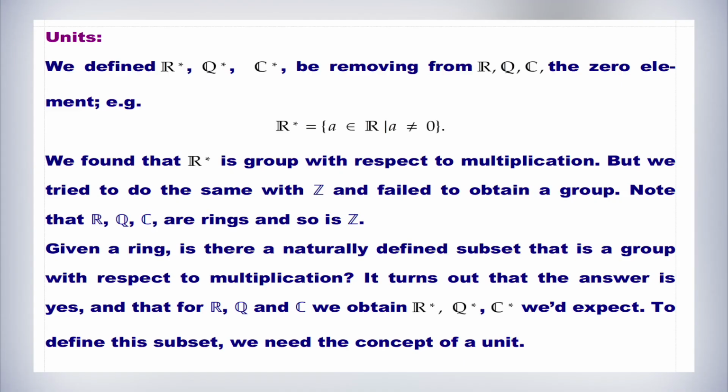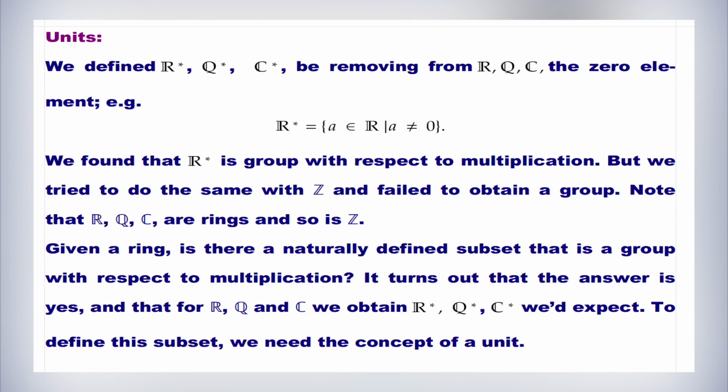Let us start the next part of this module, which is units. We defined R*, Q* and C* by removing the 0 element from R, Q and C. For example, R* equals the set of all a in R such that a is not equal to 0.